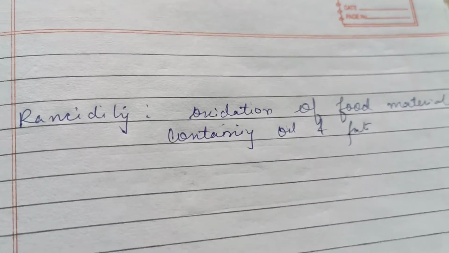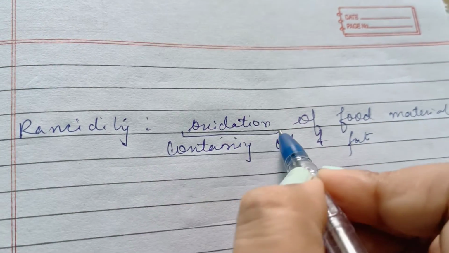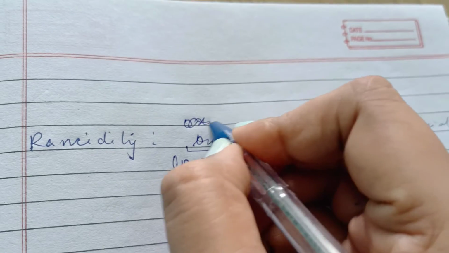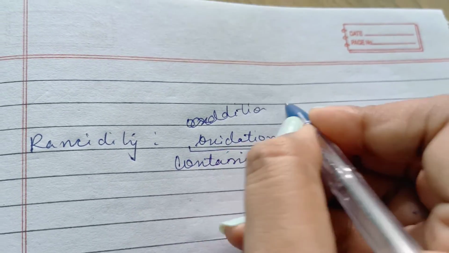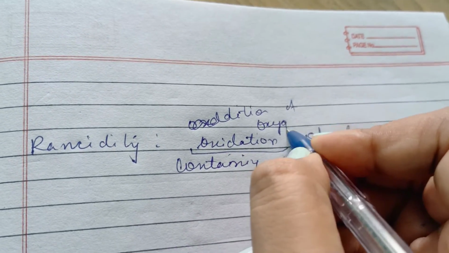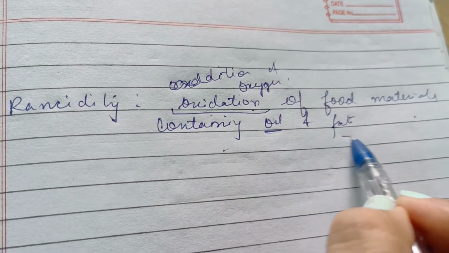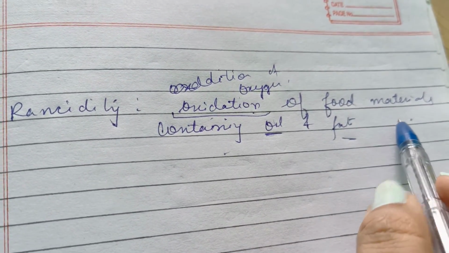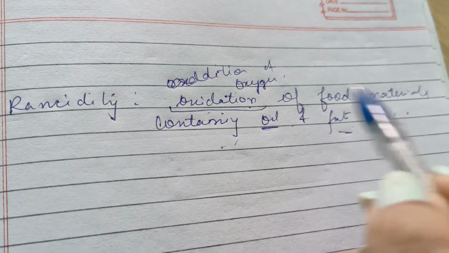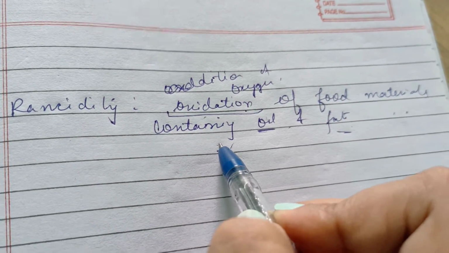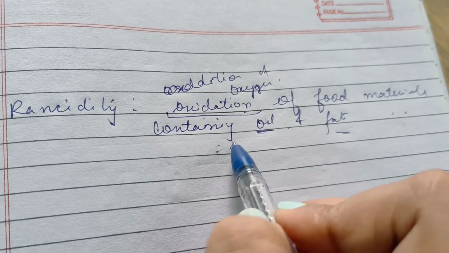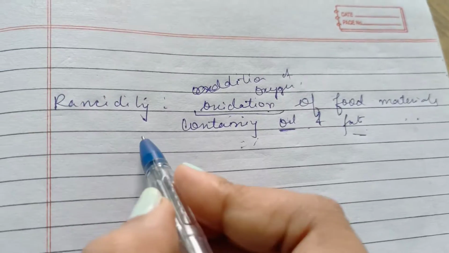What do you mean by oxidation? Oxidation is addition of oxygen. The food items which contain oil and fat get oxidized, that is, oxygen is added in these products, so this is called rancidity.